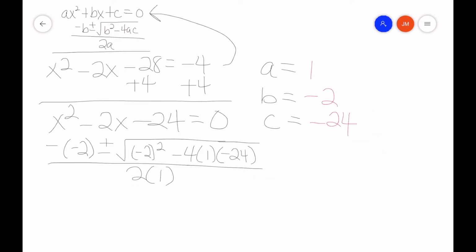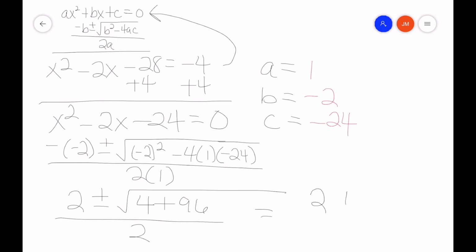From here, we'll simplify. So negative b is positive 2, plus or minus the square root of negative 2 squared, which is 4. 4 times 24 is 96, so plus 96, all over 2. So this gives us 2 plus or minus the square root of 100 over 2.